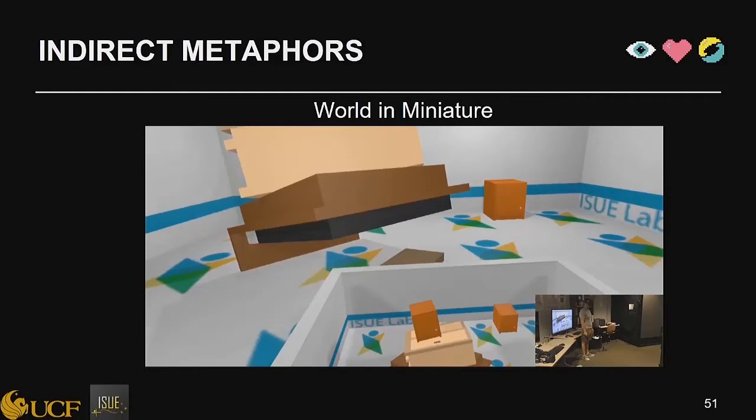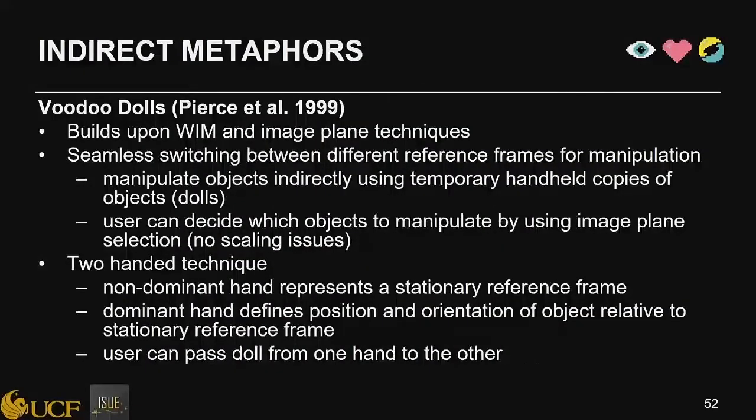And the world in miniature is very similar to mini-maps in games. And in this case, you're actually doing something with the mini-map instead of just using it as a navigational aid. Now, Voodoo Dolls builds upon the WIM, world in miniature, and image plane techniques. And the notion is that you want to seamlessly switch between different reference frames. Jason talked about these different reference frames for manipulation.